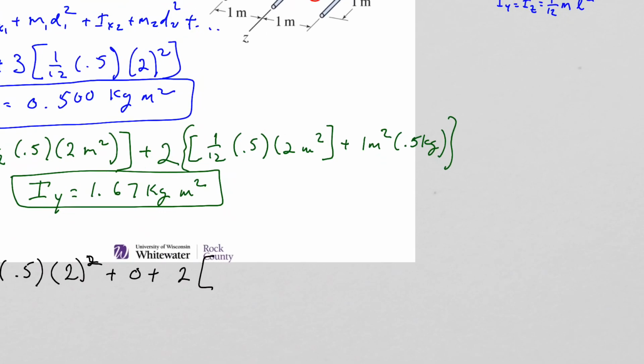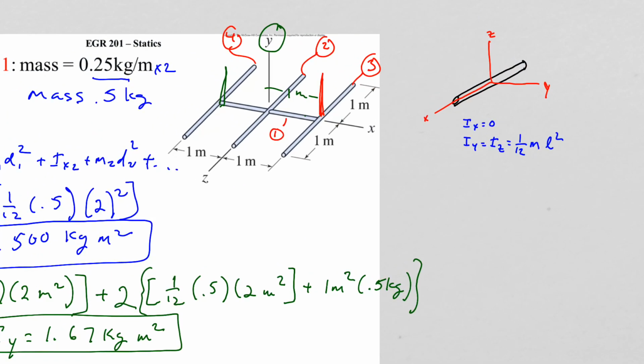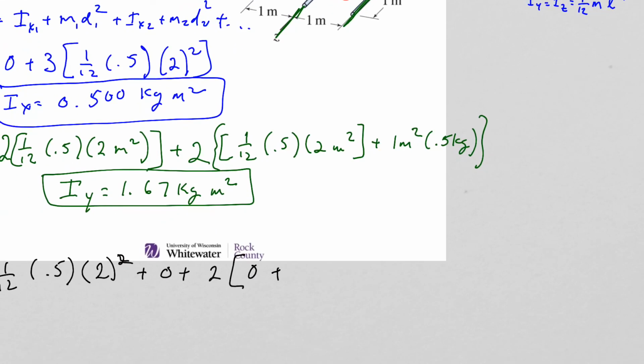What about the parallel axis? Is there any effect due to parallel axis? Of course there is, because this axis is out here, and this is the one we want to go to. So we need that distance, which is 1 squared times the mass, so 1 squared times the mass of 0.5 kilograms.